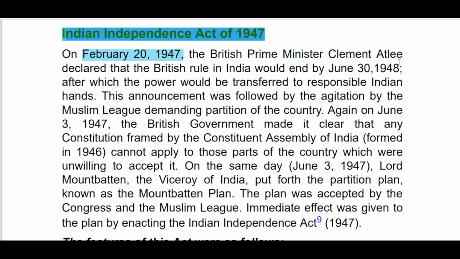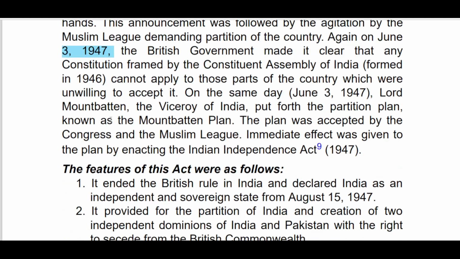On February 20, 1947, British Prime Minister Clement Attlee declared that British rule in India would end by June 30, 1948, after which the power would be transferred to responsible Indian hands. The announcement was followed by the agitation by the Muslim League demanding partition of the country.